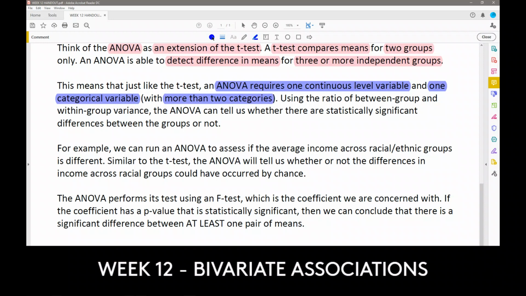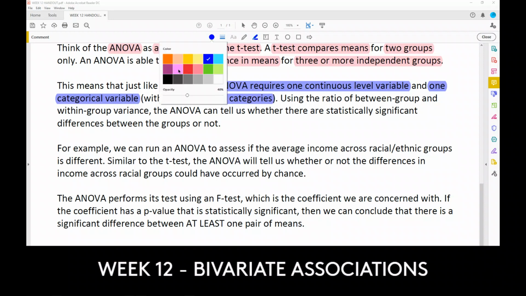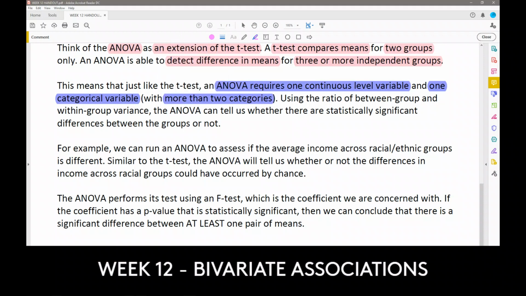What the Anova does in the background is it calculates a ratio of the levels that happen between groups and then within groups. And that calculation allows the Anova to indicate whether or not there are statistically significant differences between the groups or not. Okay. Here's an example of when we can use an Anova.